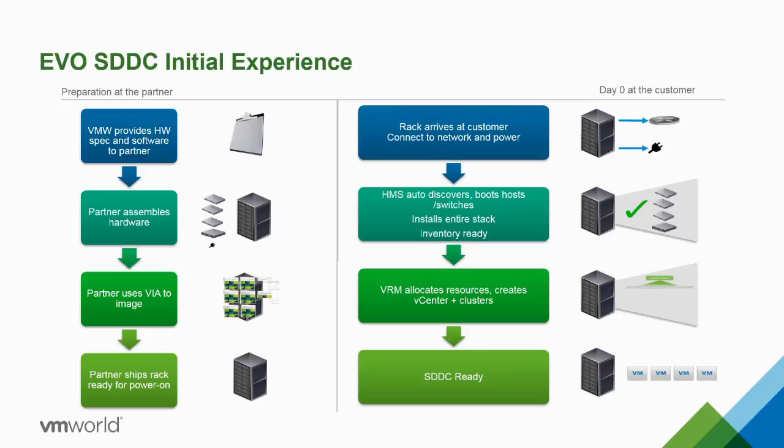So we do the site survey, and based on the capacity requirements that the customer has, we create a software and hardware manifest that we give to our partners. Partners take that manifest, and they first of all assemble the entire hardware in the factory, one or more racks, including switches, servers, storage, and so on. We also provide partners an appliance called the VMware Imaging Appliance.